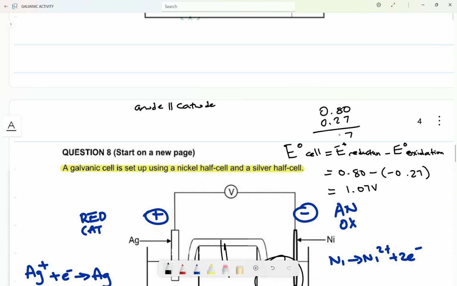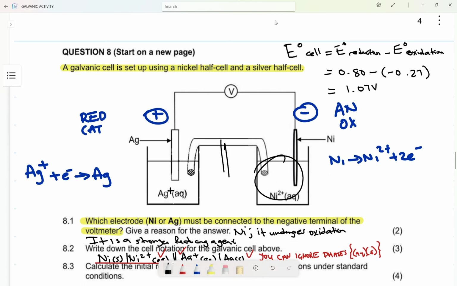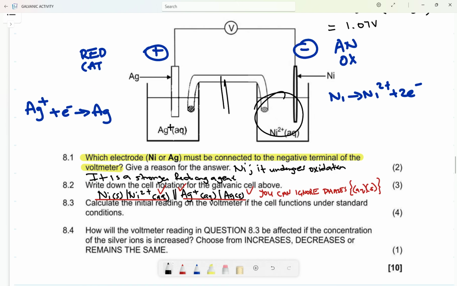So 1.07 volts, by the way. So it's that. Yes. Let's see if my calculations are not deceiving me. You know, calculations can deceive you. Okay, and then we are fine. We move on.